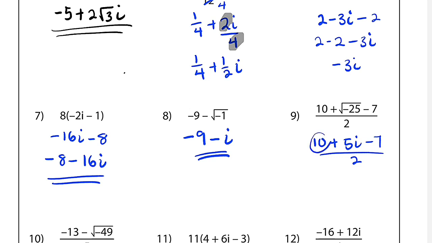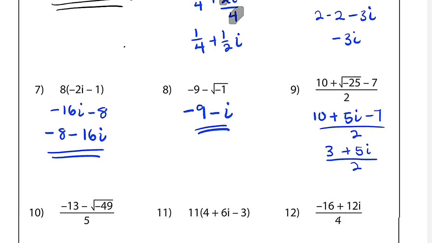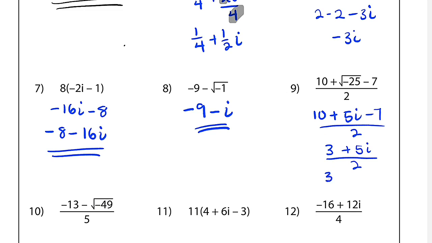Already you can see we have a real part and another real part here. So 10 minus 7 is 3. So we have 3 plus 5i all divided by 2, right? So finally we can express this as 3 divided by 2, then plus 5 divided by 2, then i.